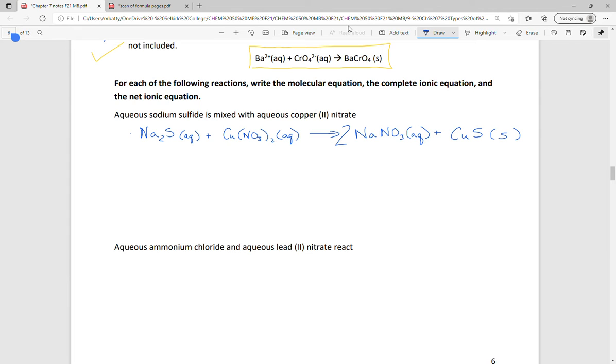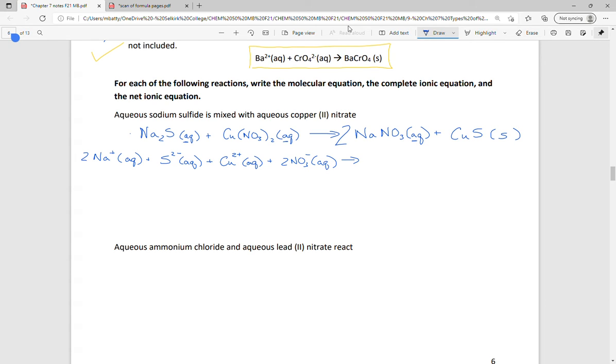For the complete ionic equation, everything in here that is aqueous, I'm going to show dissociated into the ions that make it up. I'd have 2 sodium ions in solution. Do you notice I started really far on this side of the page? And I'd have a sulfur ion in solution, my copper(II) ion in solution, and 2 nitrate polyatomic anions in solution.